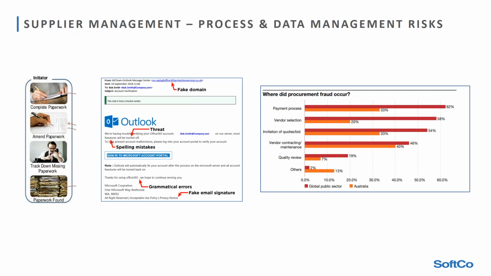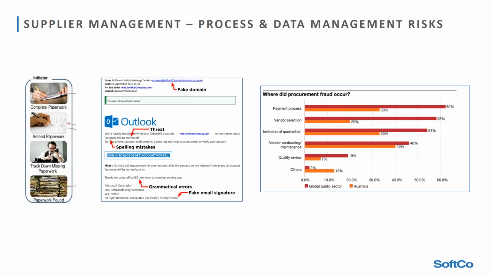So in many places, the supplier onboarding process is very much a manual function. So you've got to complete paperwork, you've got to amend it, you're tracking down the missing documentation, have you got the paperwork? But I think the biggest risk and process risk that people are seeing, I mentioned earlier on in Accounts Payable, that invoices are coming into the business and the supplier would not be set up.